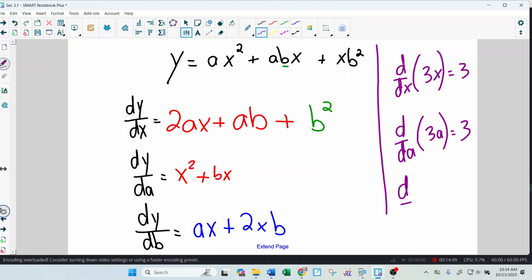So if my variable is a, what's the derivative of x squared times a? Just x squared. Because in terms of a, this is just a number in front. So that's why when I do these here, if I'm taking the derivative of xb squared with respect to x, it's just b squared. It's just a number times x. Makes sense? All right.